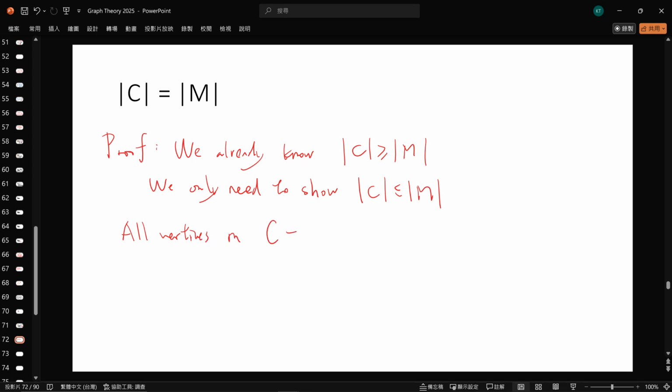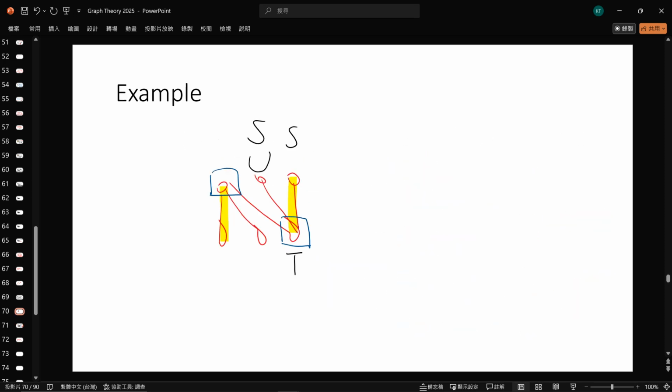And recall that C is T union X minus S. So can you see why? Let's go back to the example. This is T, this is X minus S. You can see that these two vertices are saturated, matched by these two edges in the matching.